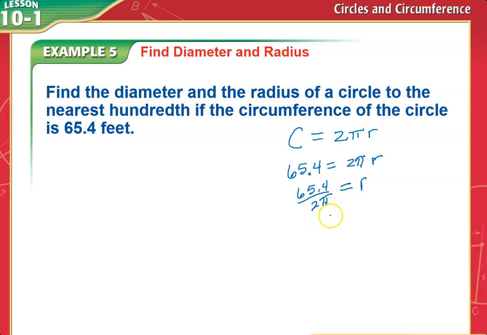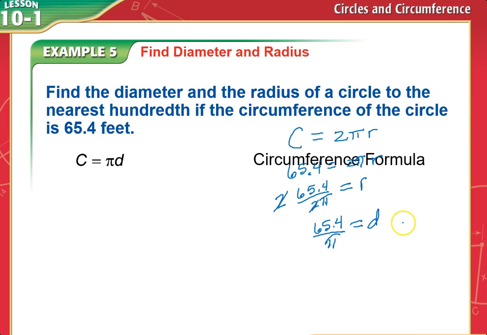So we can use a calculator to find this value. And then if we want to find the diameter, I'm simply going to double this number. So we can just say 65.4 divided by pi, because if I multiply the top by 2 to double, then these 2's would cancel. So that's my diameter. Just use your calculator to find both.